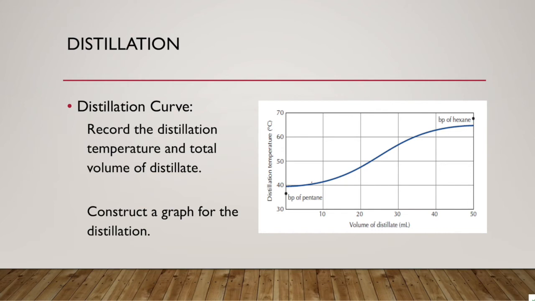So for the fractional distillation, if you drew the right graph, then the shape of the graph will look something like this. Okay. This example here, the blue curve, is actually a simple distillation curve, which we don't do in 347.